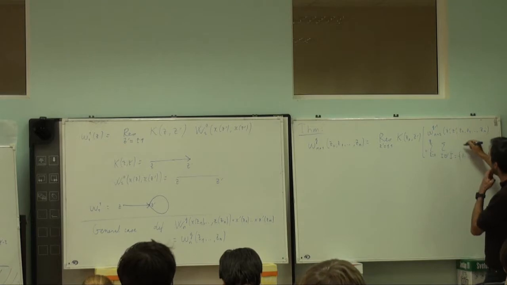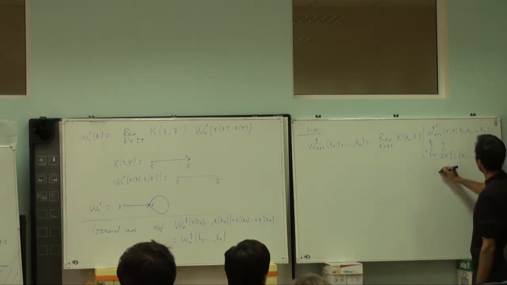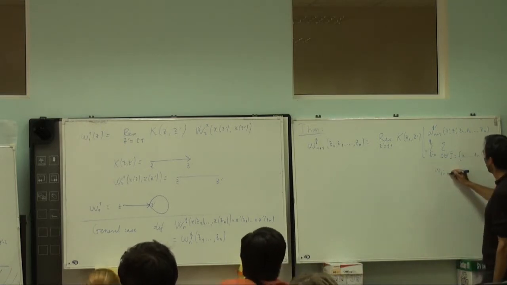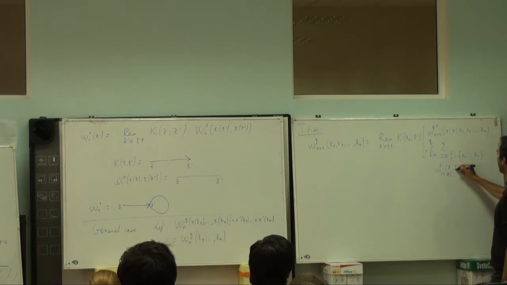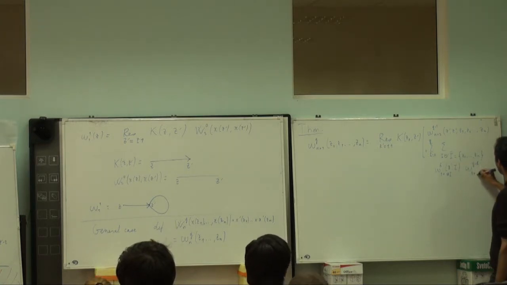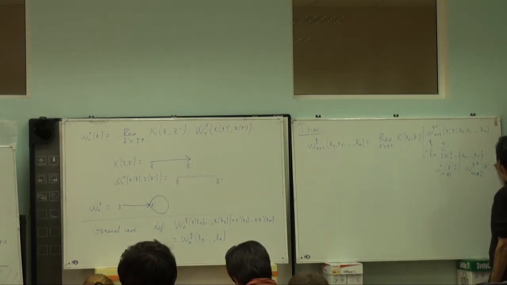And here in this sum you have omega 1 plus cardinal of I, h, z prime I, and omega g minus h, 1 plus cardinal of I bar, z prime I bar.